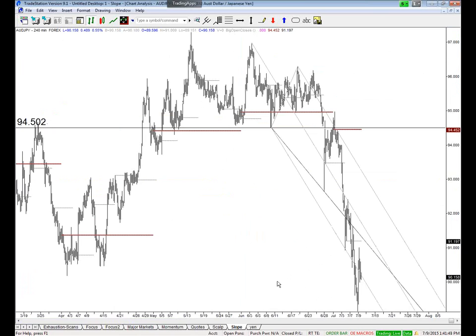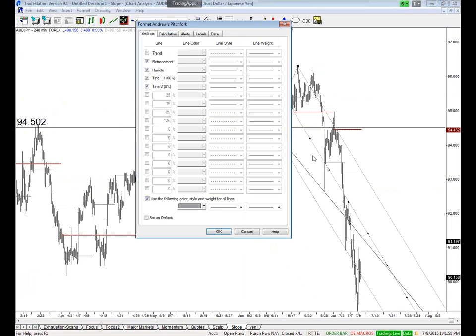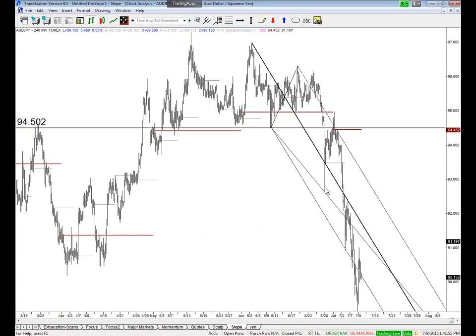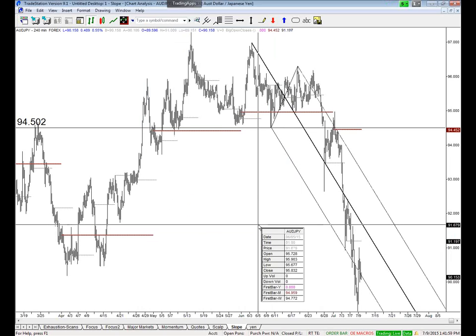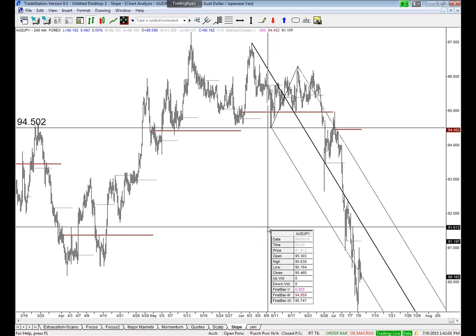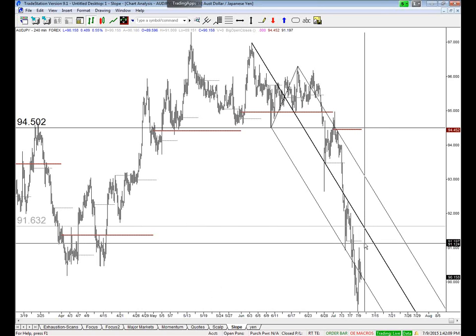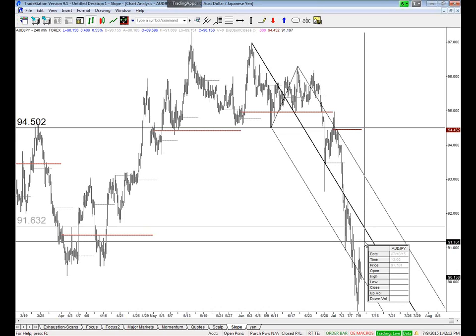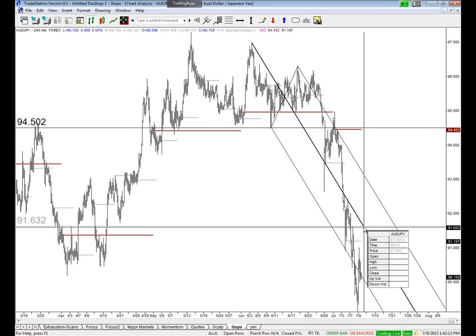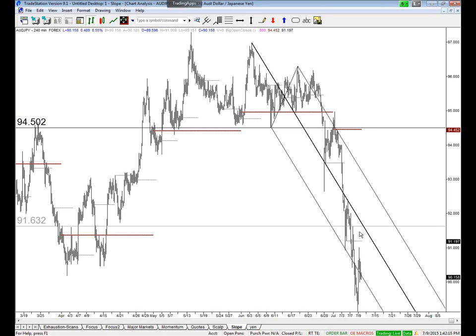Looking at the short term, a short term fork that might be of interest. We said 91.50 on that daily chart. There's a little high at 91.60. This is the 4-hour chart, so this would be like tomorrow afternoon at this median line.